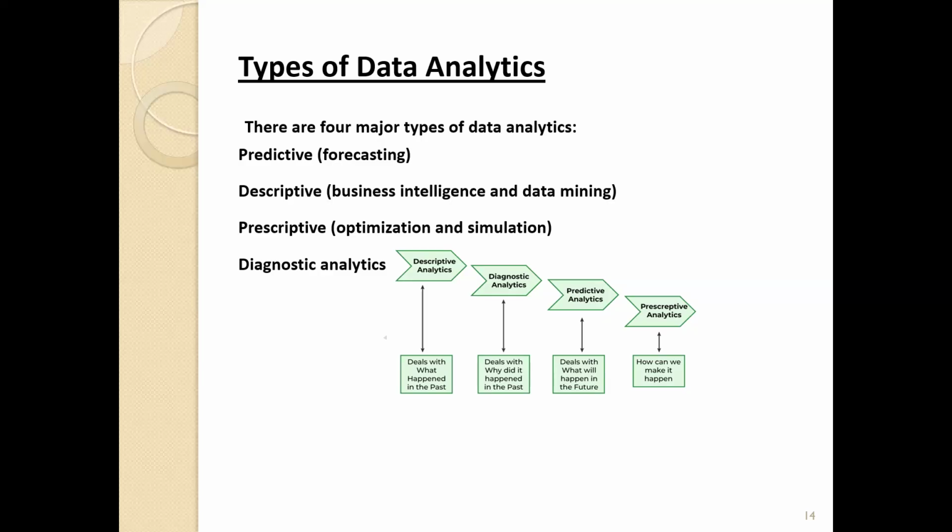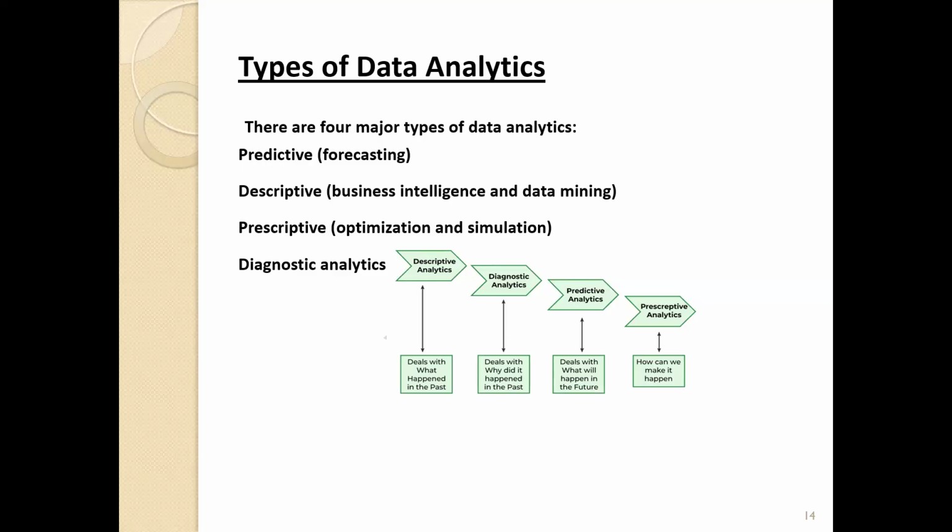Predictive deals with what will happen in the future. For example, weather forecasting tells us what is going to happen in the future, such as whether it is going to rain and how many centimeters of rain there will be. Those things are called predictive analytics.